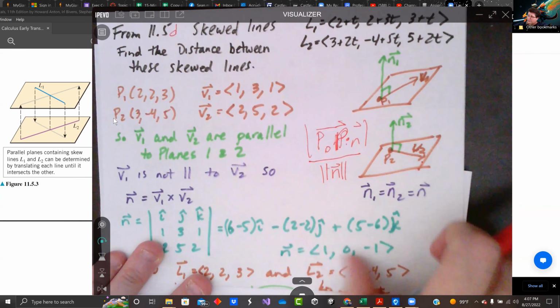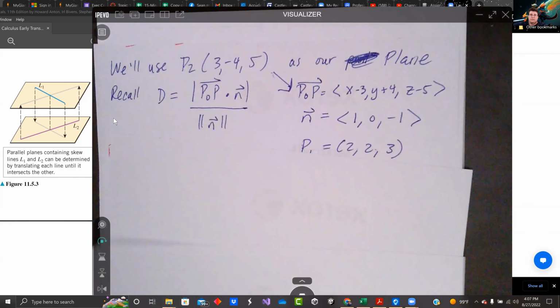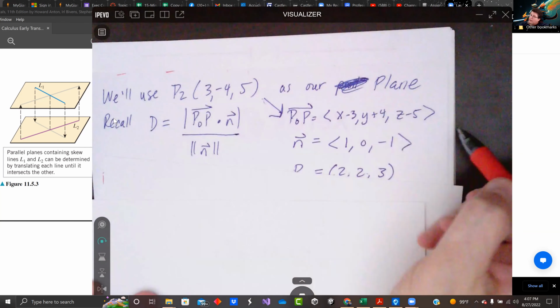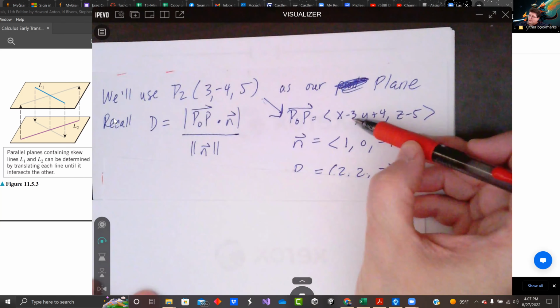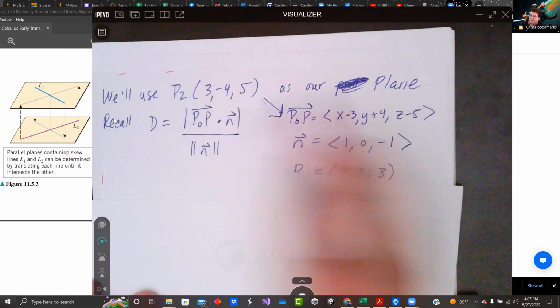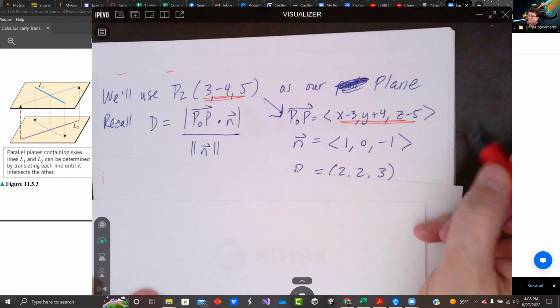We're going to use that as our plane. So that's what I'm going to do here. We already have N here. N is 1, 0, negative 1. We're going to use our 3, negative 4, 5 to figure out our P naught P. So that's going to set up the vector x minus 3, y plus 4, and z minus 5. Those get plugged in there, x minus x naught kind of thing. We have 1, 0, negative 1.